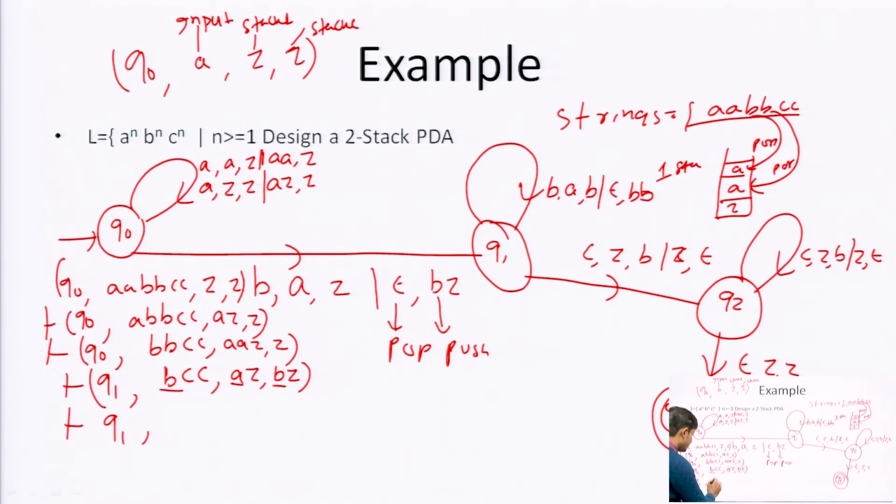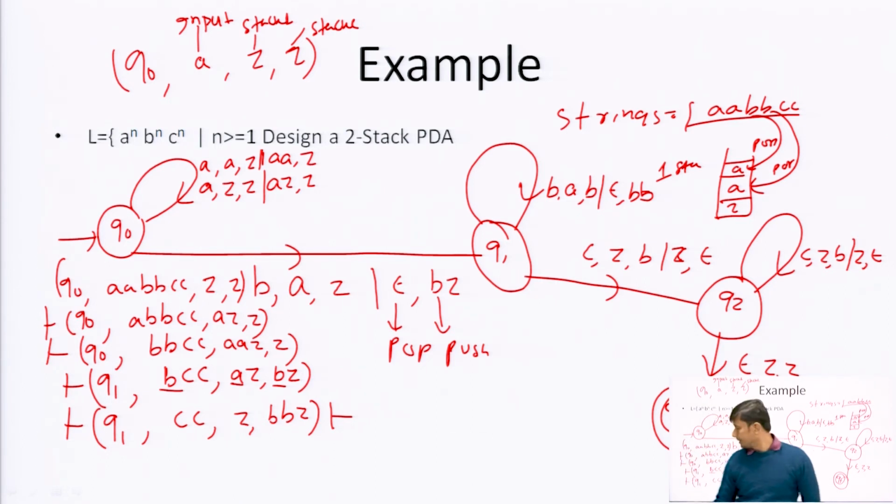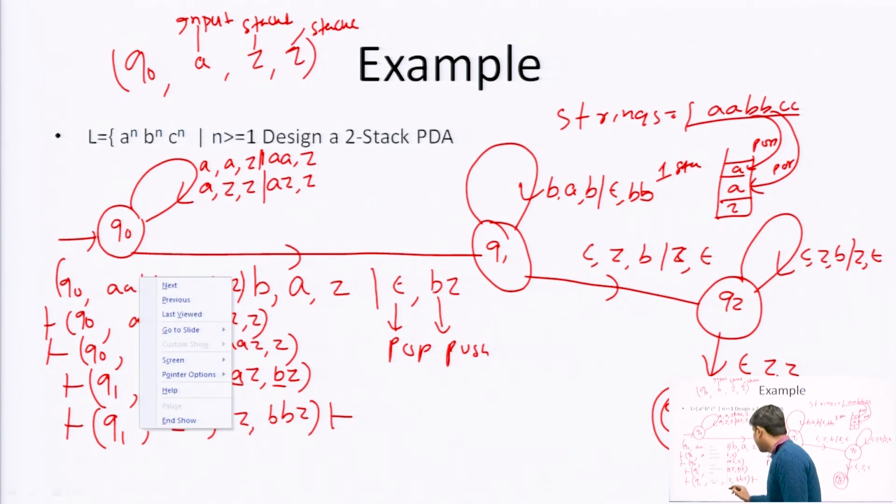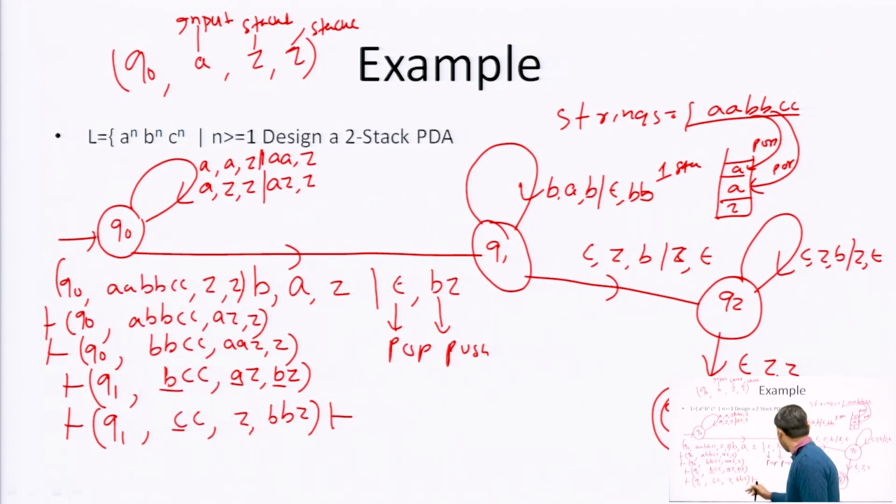Now at Q1 the input is C, stack 1 top is Z and stack 2 top is B. What do you have to do?